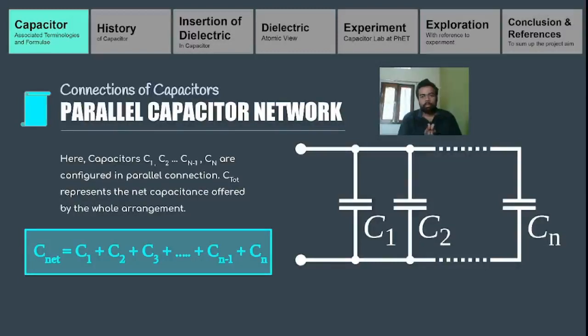The charge accumulated is different on each capacitor in the network, and the voltage across each capacitor is the same. This is a major takeaway, and when we take it as a single capacitor, we calculate the equivalent capacitance as C net equal to C1 plus C2 plus C3 and so on up to Cn.